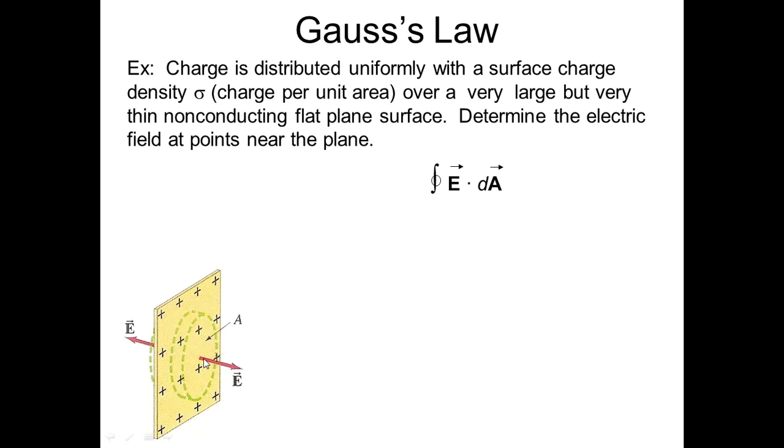You don't need to do calculus. So that's going to be equal to E times A, but since there's this front surface and the back surface, it's going to be 2EA. The reason I'm using A here instead of pi r squared is because maybe you guys chose to use a cube or a rectangular prism or something like that, so I'm just going to say A for area. Any questions?